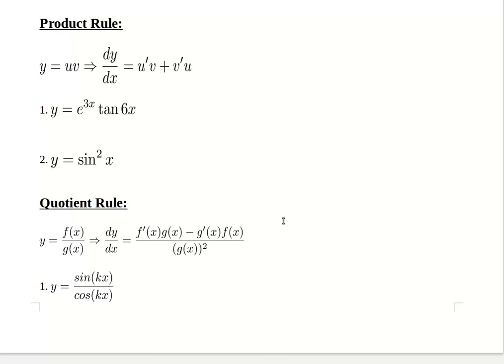This essentially says there is a little rhyme you can learn for this. Low d high minus high d low over the square of what's below. That's the only way I remember it, really. I saw it in a textbook once, and it seemed like a sensible thing.